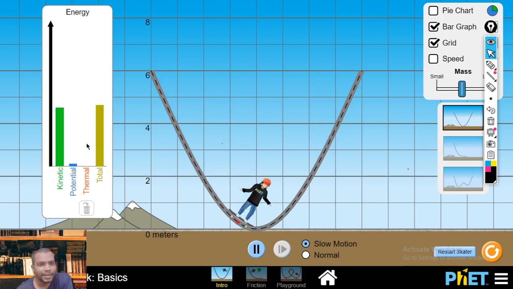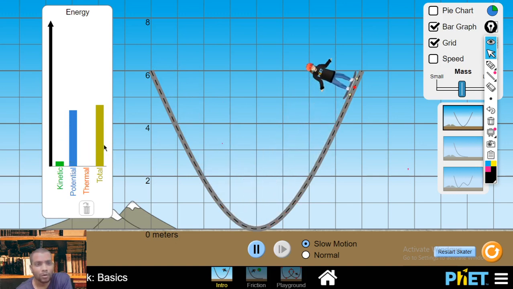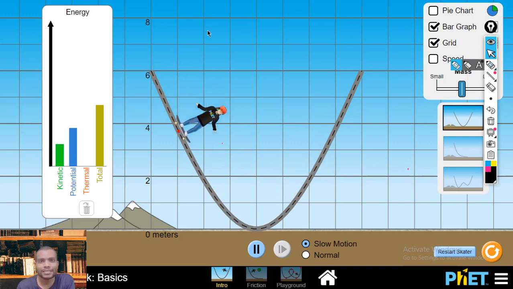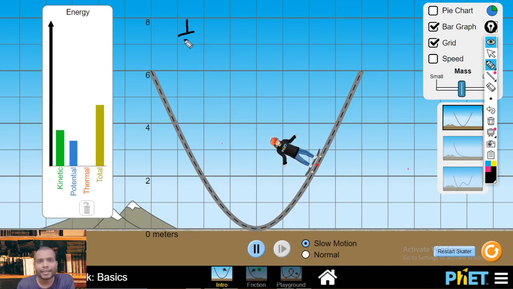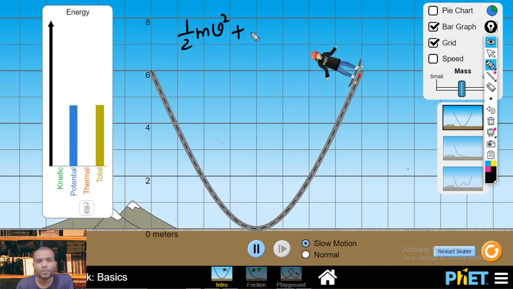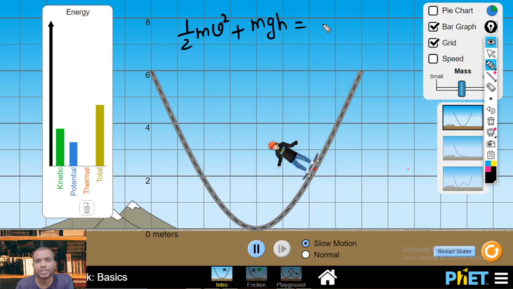Even though the potential energy and kinetic energy are increasing and decreasing, the total energy throughout his motion, throughout his track, remains constant. So when the total energy remains constant, we say this is known as the law of conservation of energy. If I write that as a formula: kinetic energy, half m v square, plus potential energy mgh, equals constant.